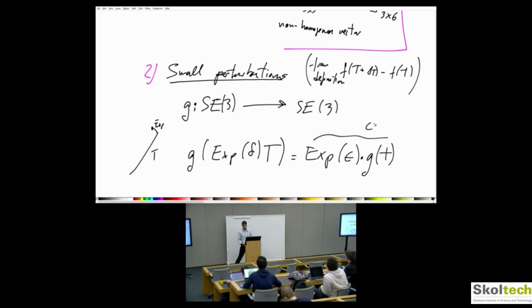Why? Because this thing belongs to the group. But still, the output, whatever is the output, we are going to perturb it this way, right? So it's going to be a perturbation. If not, we cannot ensure that the output of the function is still in the group, right?